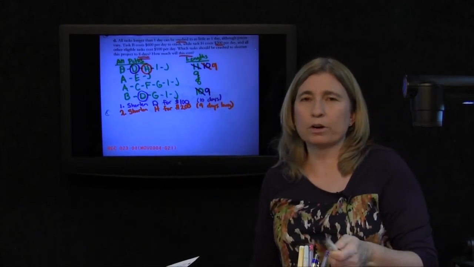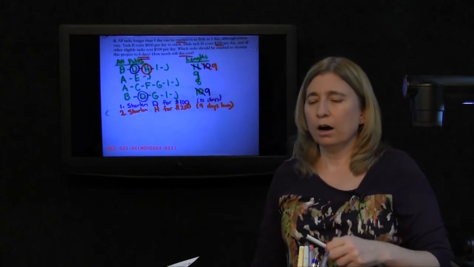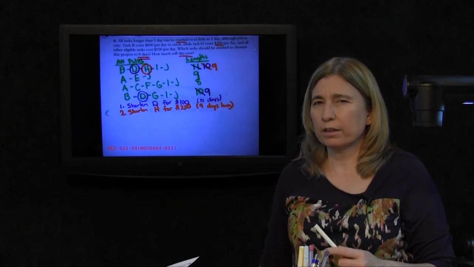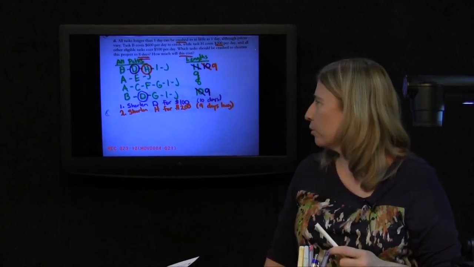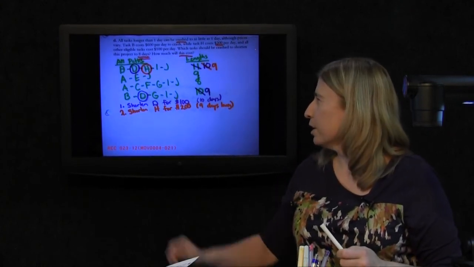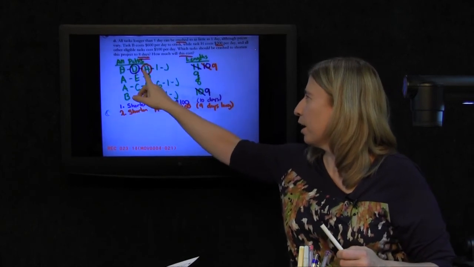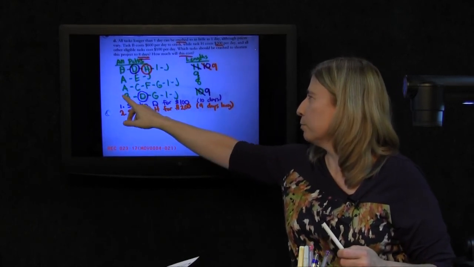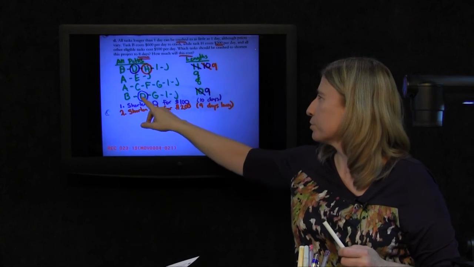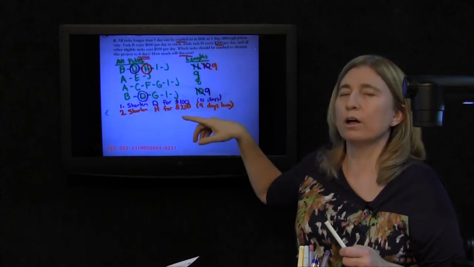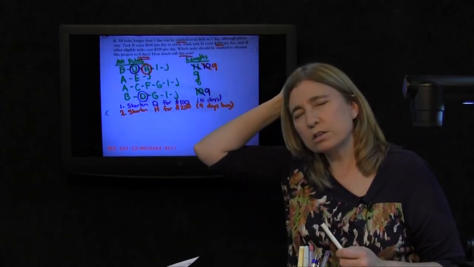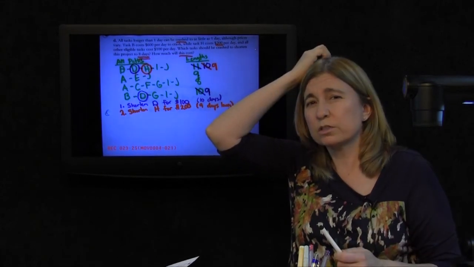B is a lot more expensive. But B is on more than one path. So I'm wondering if I shorten H to justify shortening it and not shortening B, I need to make sure there's a way to shorten this path as well, that the combined cost isn't more than that $600.